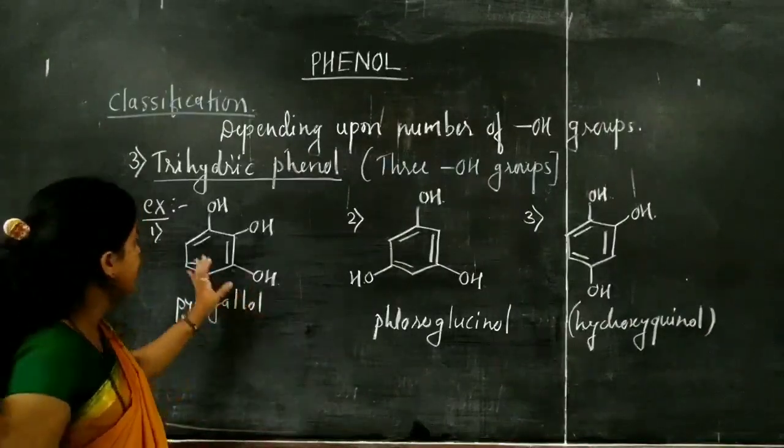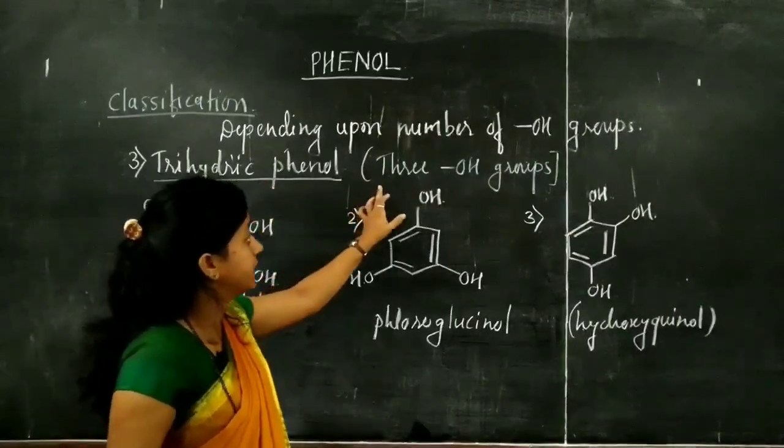These are the three examples of trihydric phenol that contain 3 OH groups.